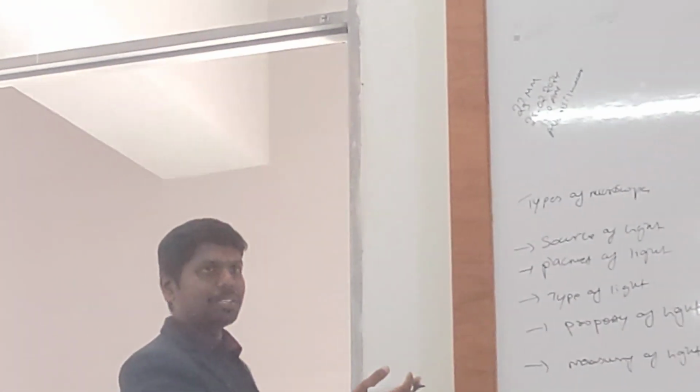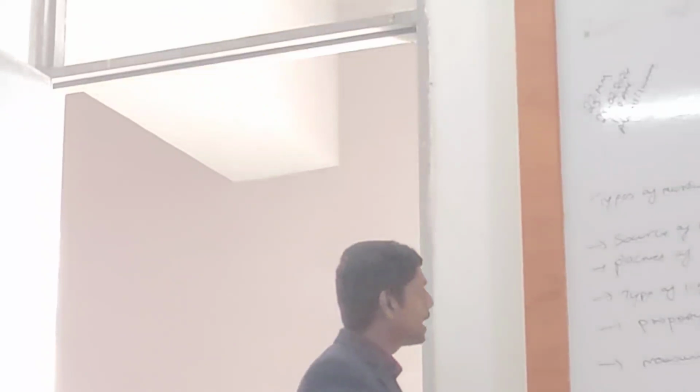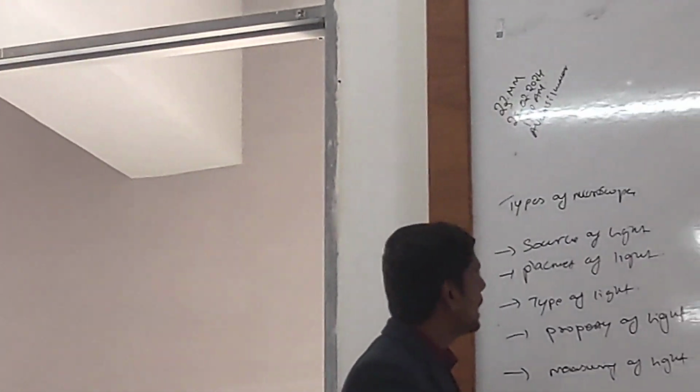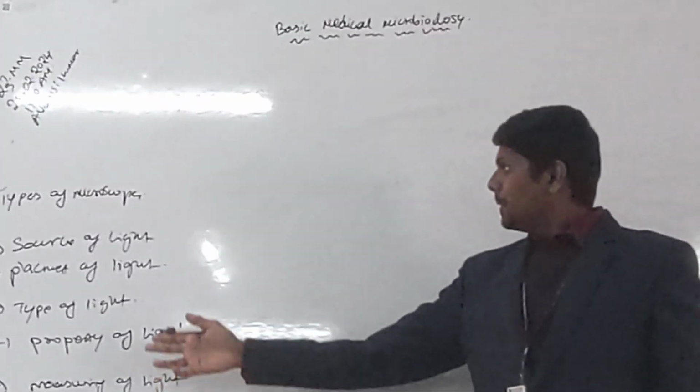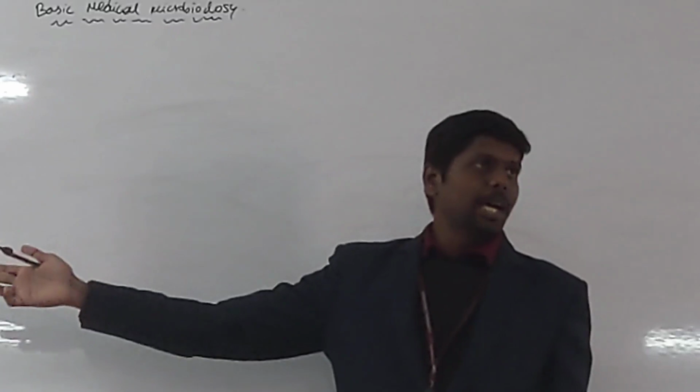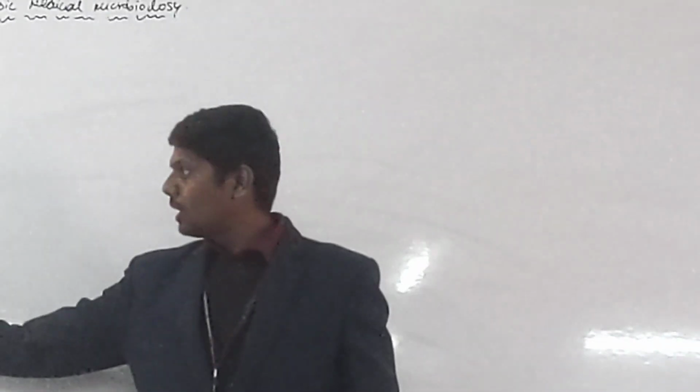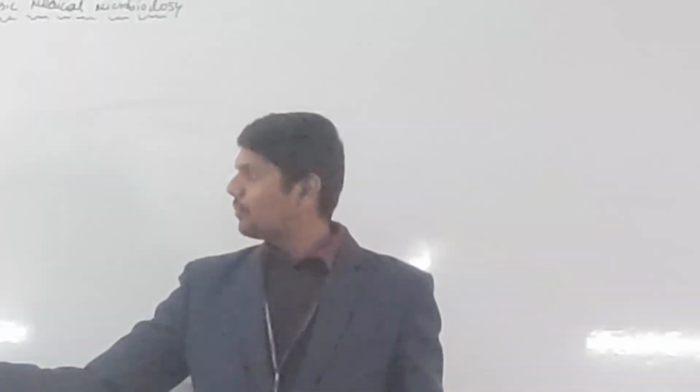So see, everything is light about microscopy. As C. Raman started his career on light, we will go with that same light spirit. As I stated, based on source of light, microscopes are divided based on the placement of light and types of light.